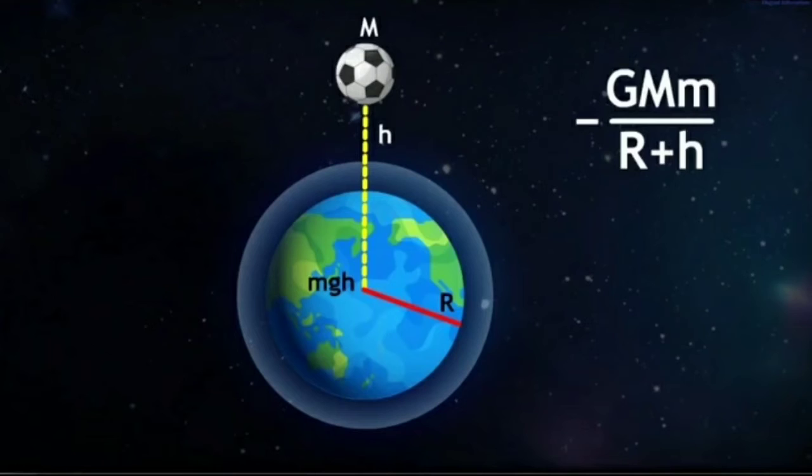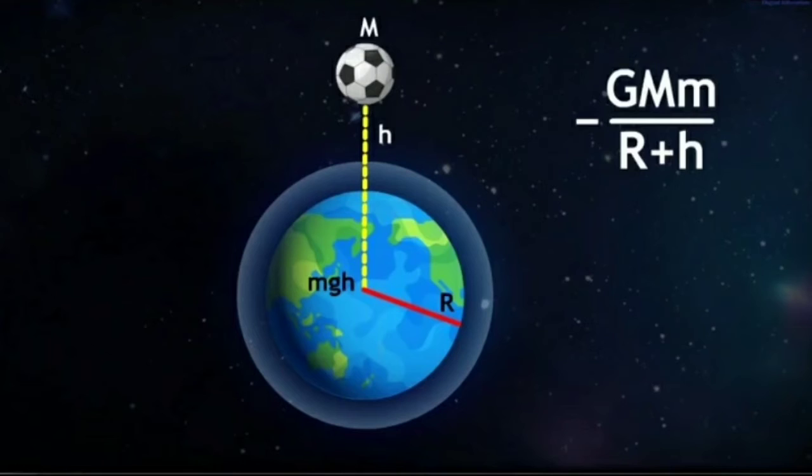That is, if the height is more, the value of gravity will decrease as there is an increase in height. For an object at infinite distance from the earth, the value of g is 0, and earth's gravitational force will not act on that object.